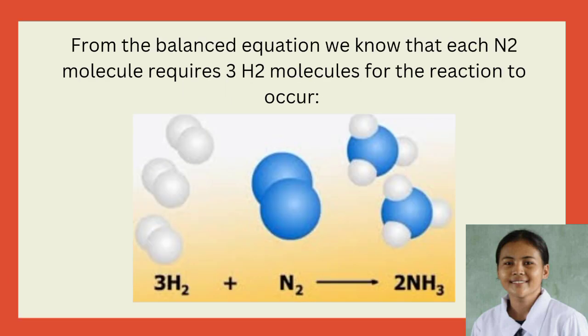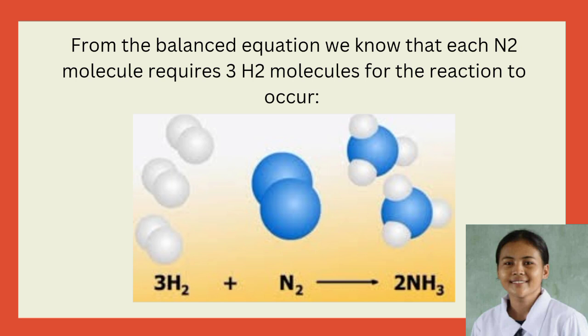From the balanced equation, we know that each N2 molecule requires 3 H2 molecules for the reaction to occur. The balanced chemical equation N2 + 3H2 = 2NH3 tells us that one nitrogen molecule N2 needs 3 hydrogen molecules H2 to react.